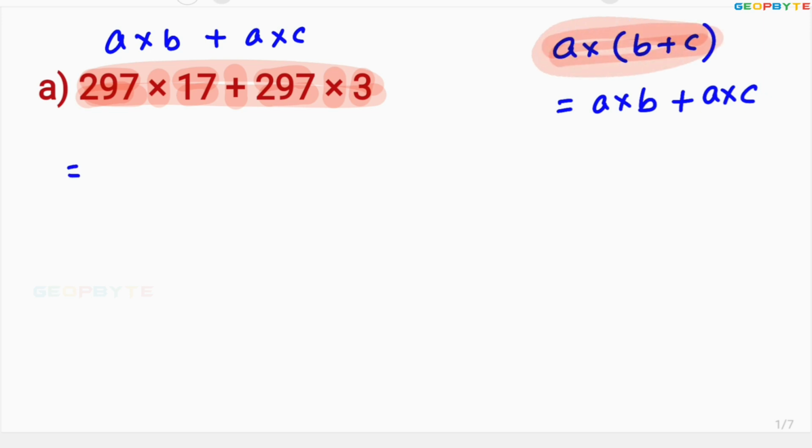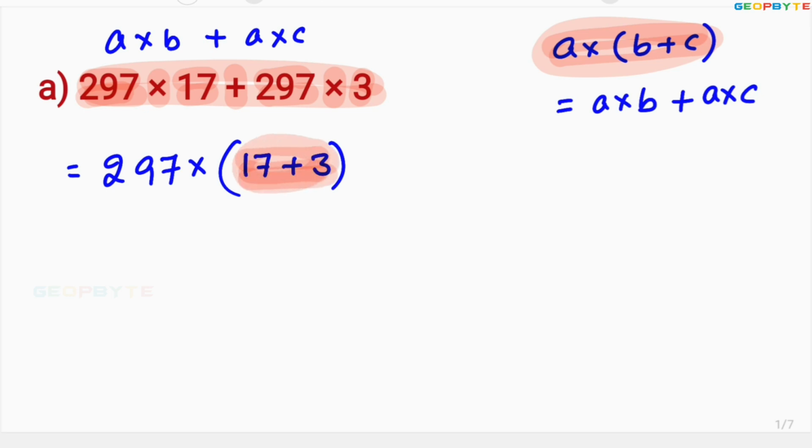Let us write that. A is 297 into (17 plus 3). What is the value of 17 plus 3? 20 only.